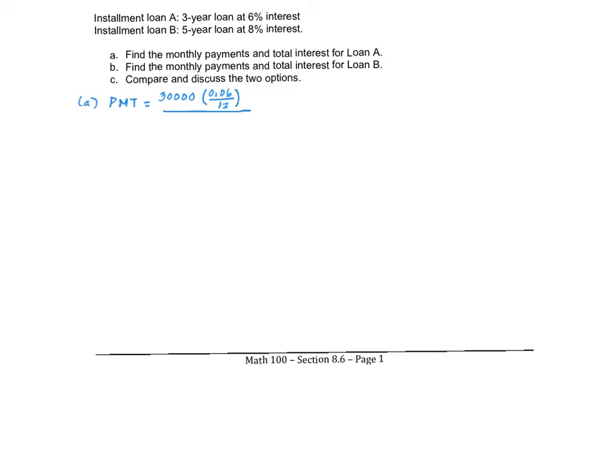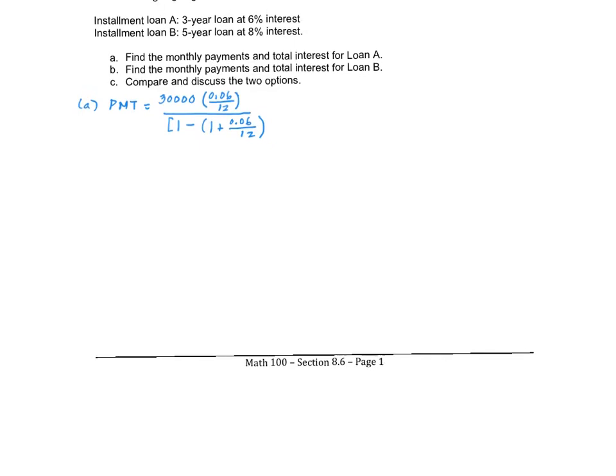All over 1 minus, in parentheses, 1 plus the interest rate of 0.06 over the N, which is 12. And that's going to be raised to the exponent negative N times T. So negative N was 12 times T in this case is 3 for the 3 years.